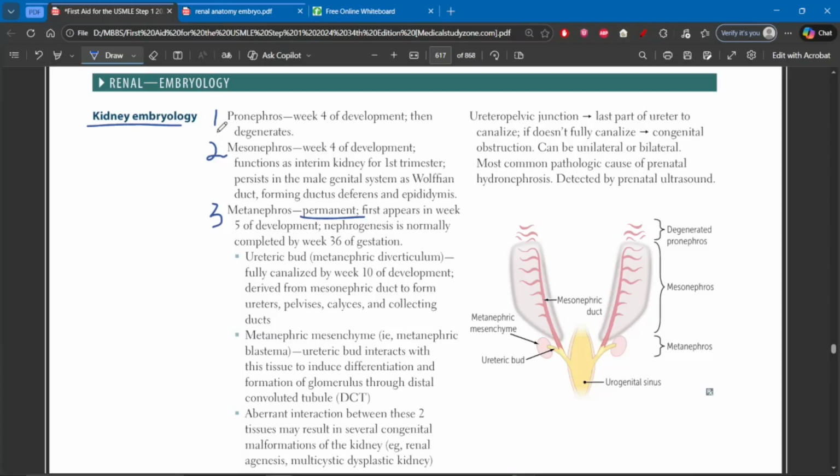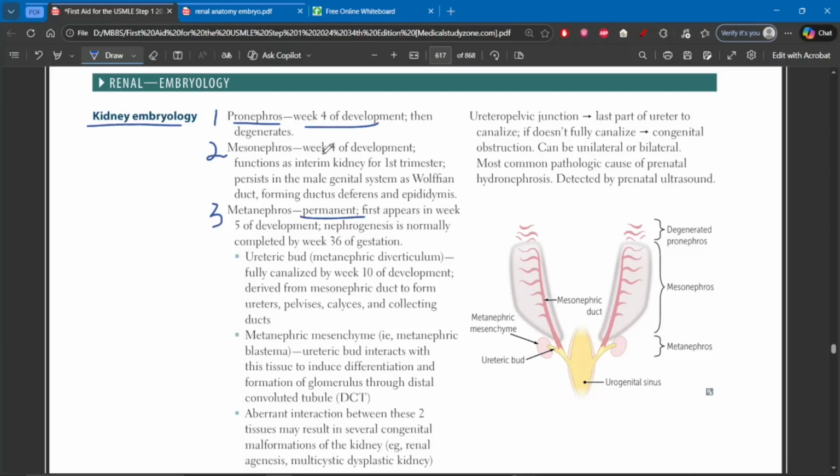So what happens is that the pronephros is the first structure that is involved. If they ask you what is the first structure involved in kidney embryology, then that is the pronephros. It starts from week 4 of development and then it degenerates.